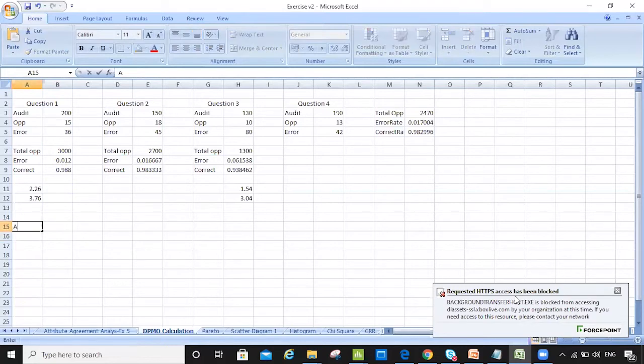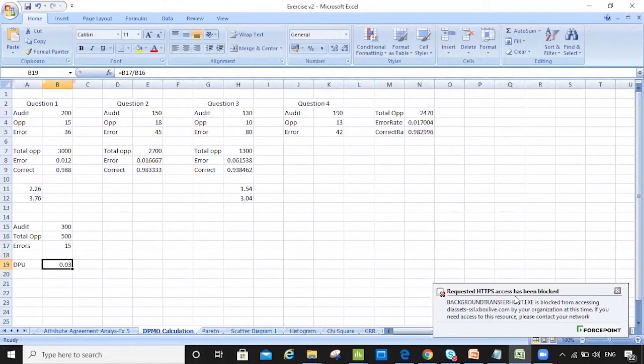opportunities. So let's do another example, because this is pertaining to DPO. Let's say I have an audit done for 300. Total opportunities are 500 and errors are 15. Now if you want to calculate DPU, it is defects, which is 15, divided by total units.